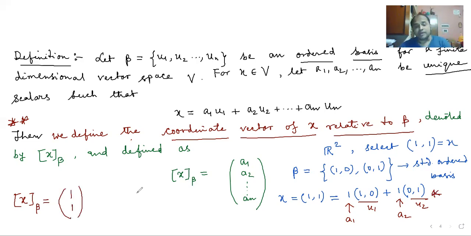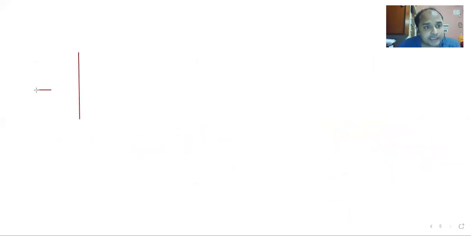So you see, so many representations you are getting. Initially, when we were in school, we used to call this point (1, 1), just a point with coordinates 1, 1.